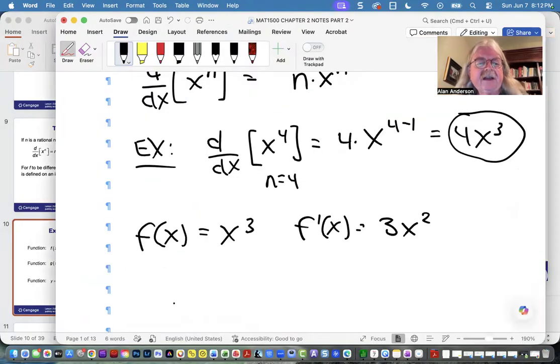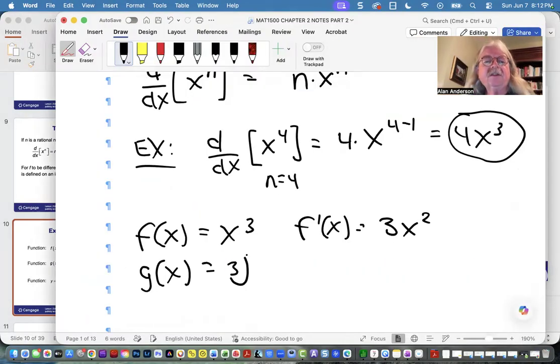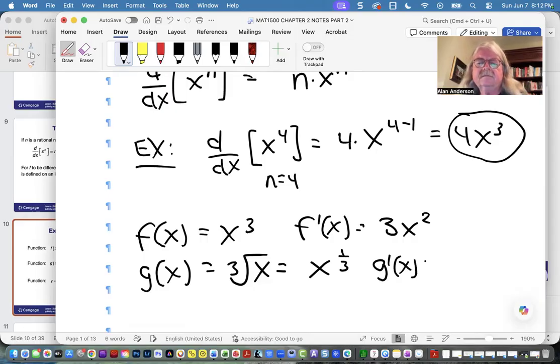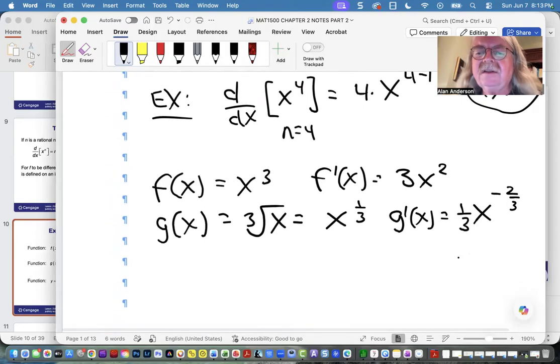Then they have g of x is the cube root of x. For something like this, you probably should rewrite it as x to the 1/3 power to make it more obvious what you're supposed to do with it. And when you subtract 1 from 1/3, you'll end up with negative 2/3. Okay, so you got to be careful with those fractional exponents.